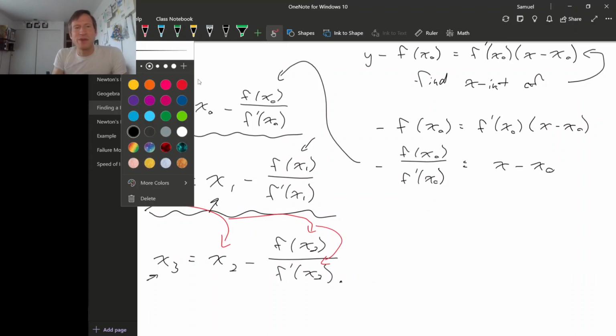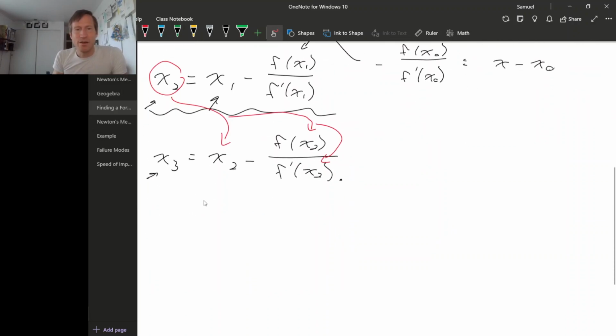The general way to write that is, at some point we'll have some x value, at stage n we'll have just produced some approximation, call it x sub n, and then the formula for the next approximation, x sub n plus 1, this subscript is just telling us what step we're on.